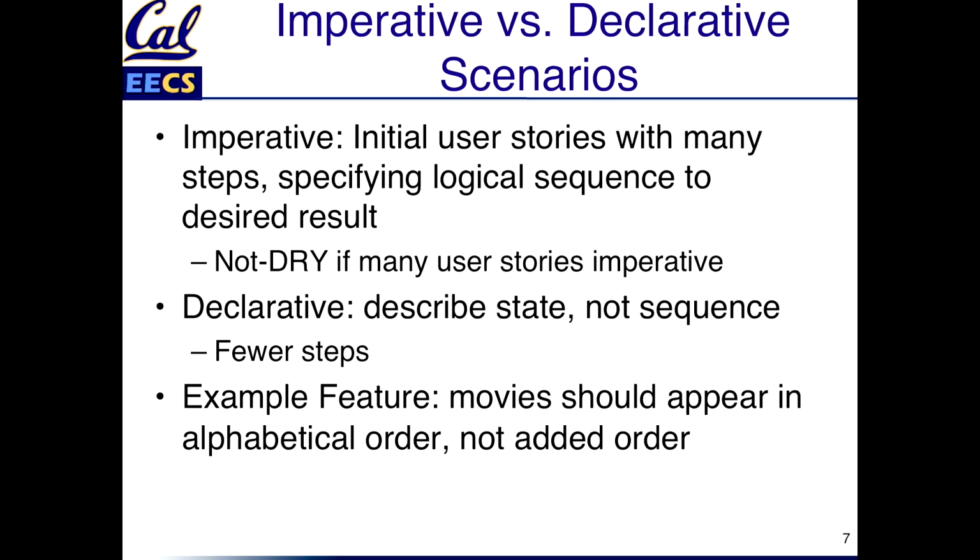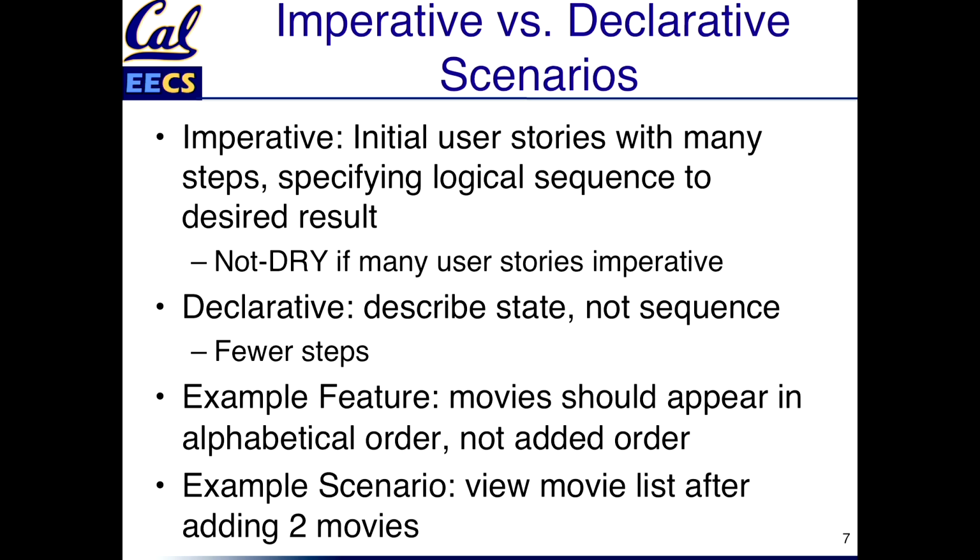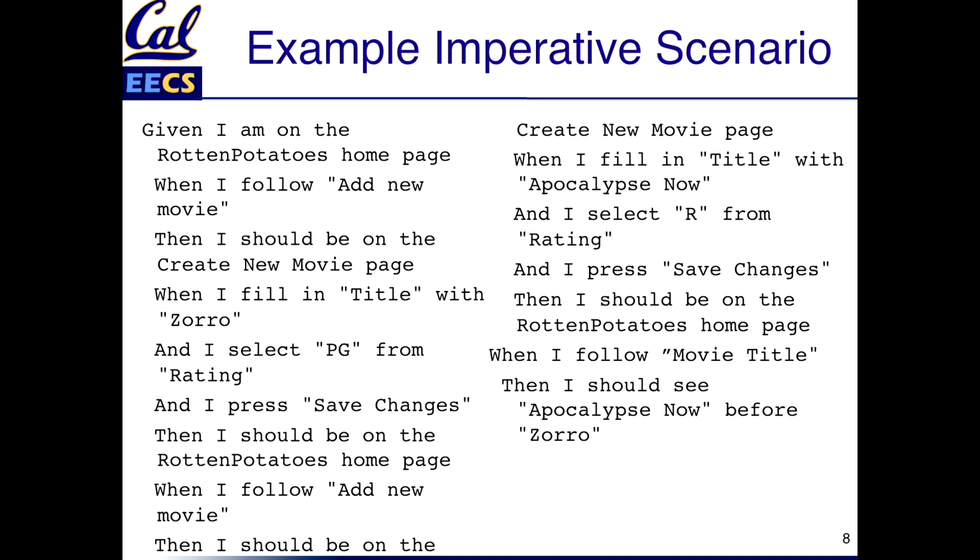So how are we going to say it has to be in alphabetical order? Here is the imperative approach. Given I'm on the Rotten Potatoes homepage, and then I follow add a new movie, and I fill in the title Zorro, and press Save Changes, then I should be on the Rotten Potatoes homepage, and add a new movie, and add the title Apocalypse Now, and I give it a rating, and I save changes.